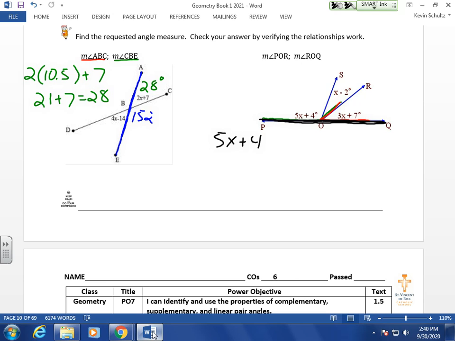So our relationship is 5x plus 4 plus x minus 2 plus 3x plus 7 equals 180. Those three angle measures will add to be 180.